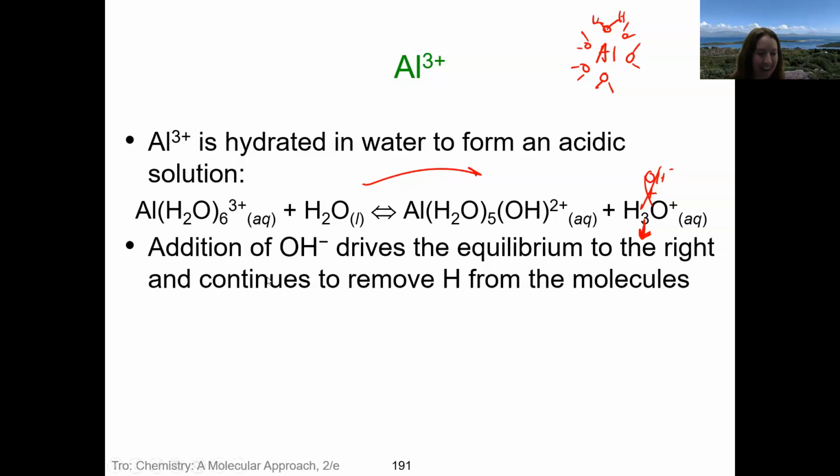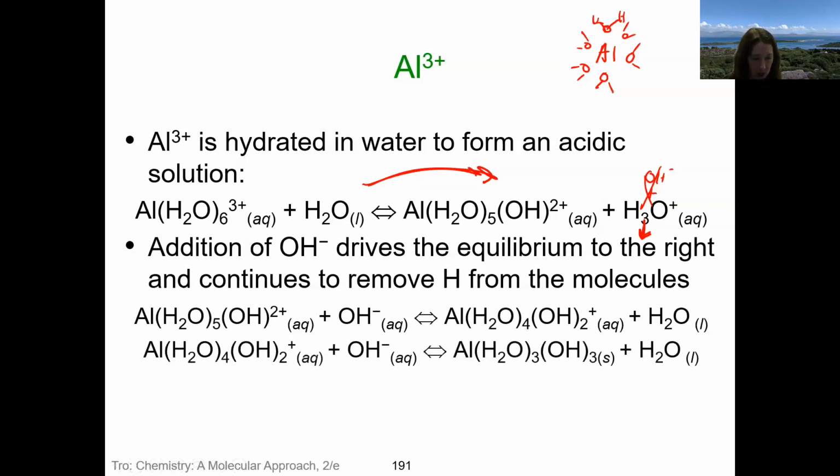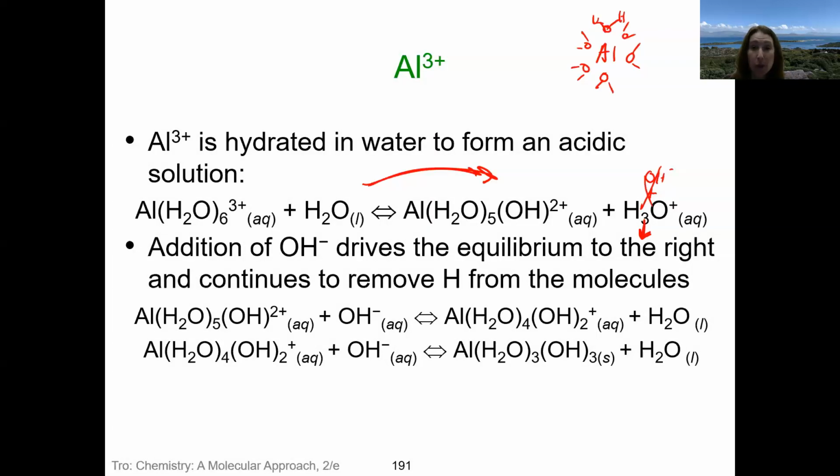It's going to go to the right because it removes the H+ ions. And so when we do this, it becomes more soluble in a base also. So some compounds like aluminum are insoluble at a neutral pH, but they're soluble in both acidic and basic solutions.